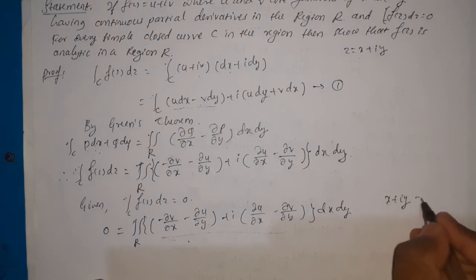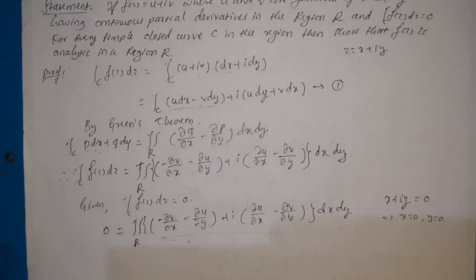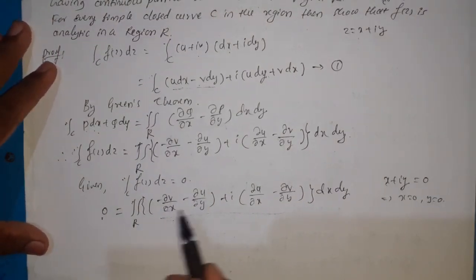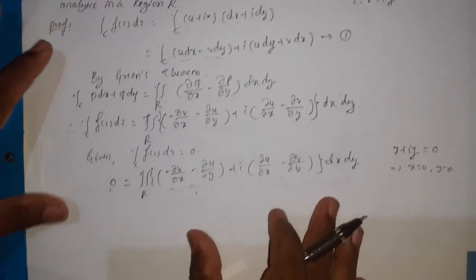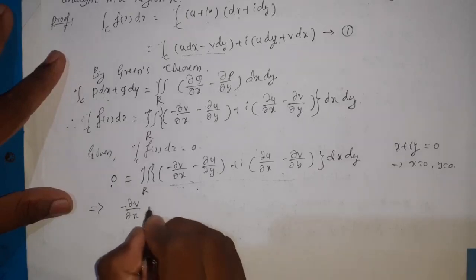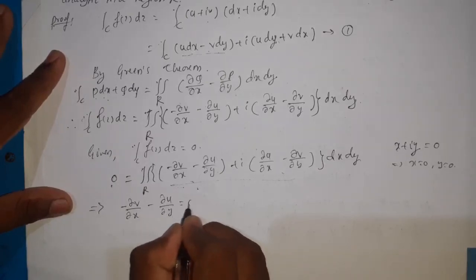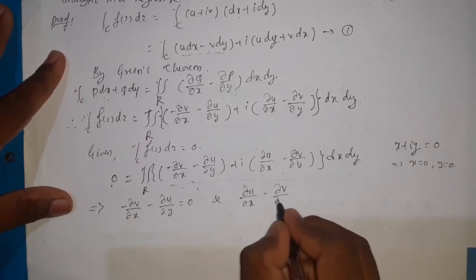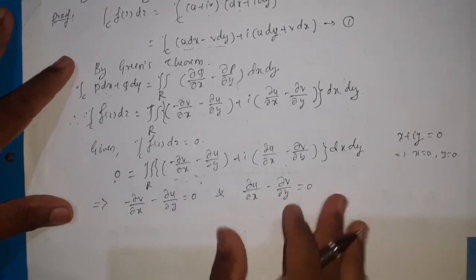If x plus iy is equal to 0, it implies that x equal to 0 and y equal to 0, because a complex number is 0 means its real and imaginary parts both are equal to 0. So it implies that minus dou v by dou x minus dou u by dou y is equal to 0, and dou u by dou x minus dou v by dou y is equal to 0.